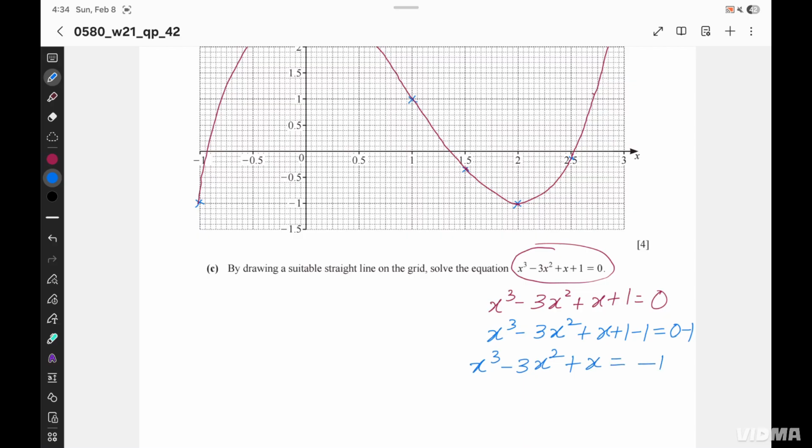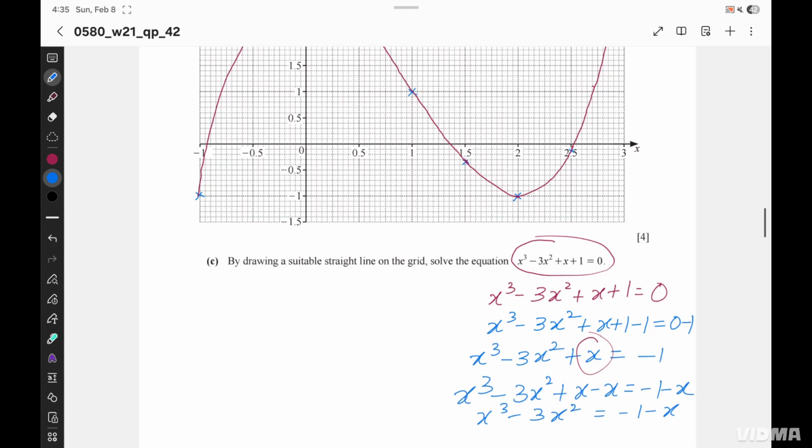Now I have to remove this x from the left hand side as well. Basically I want to write 3 here. So in order to remove this x, I can subtract x from both sides. So when I will subtract it, I will get x cube minus 3x square is equal to -1 minus x. Now I need 3 to the left hand side.